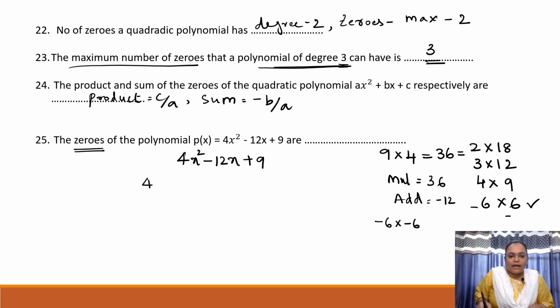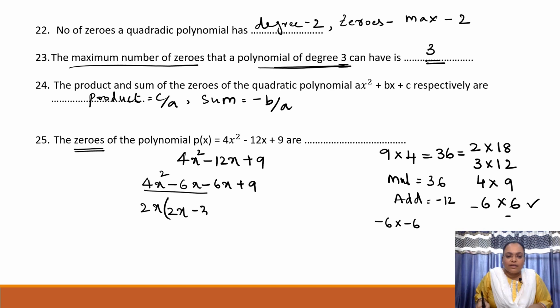So by splitting the middle term, which is 4x square minus 6x minus 6x plus 9. From the first two terms, I'll take 2x common, which gives 2x minus 3. From the next two terms, I'll take minus 3 common, which gives 2x minus 3.